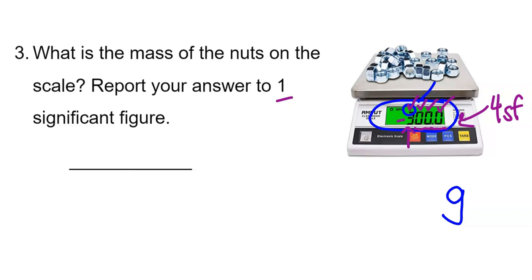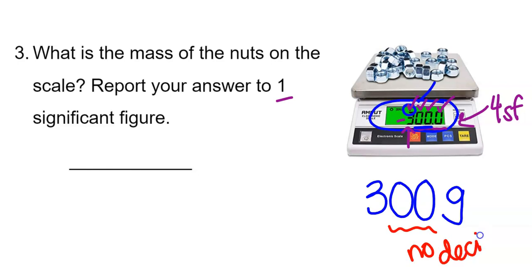But this is actually incredibly easy because if we get rid of that decimal point, that makes the zeros that are currently sandwiched no longer significant. So we can do just that. Instead of putting 300 point, we can put 300. And now these trailing zeros here are no longer significant because there is no decimal point.